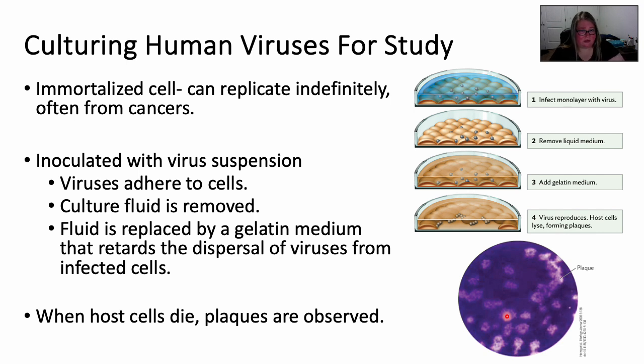Now, as of 2013, because there was such an ethical issue with how these cells were gathered and there was no consent given for them to use them for research, the National Institutes of Health here in the US came to an agreement with Henrietta Lacks' family about how to use these cell lines.